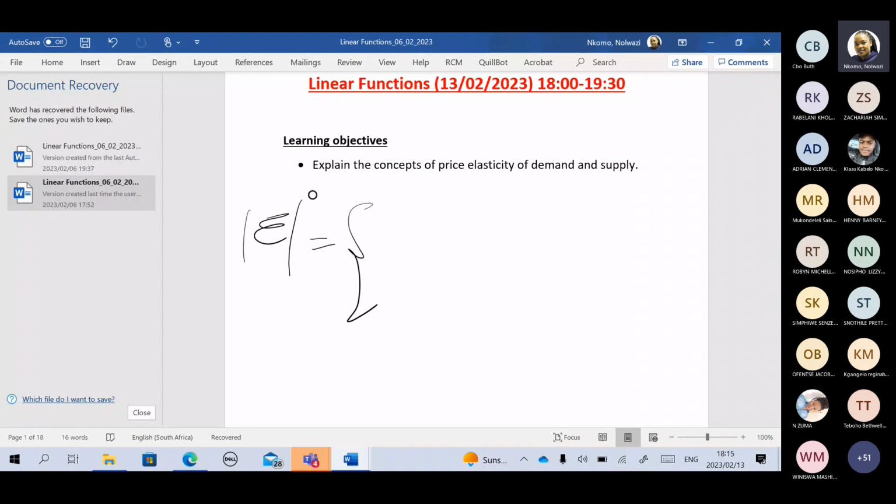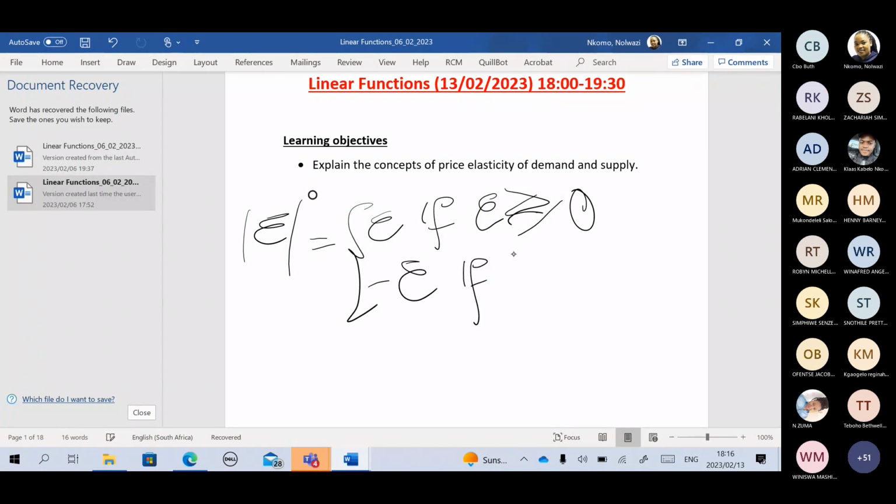This means the absolute value of psi is equal to psi if psi is greater than or equal to 0, and it is equal to minus psi if psi is less than 0.